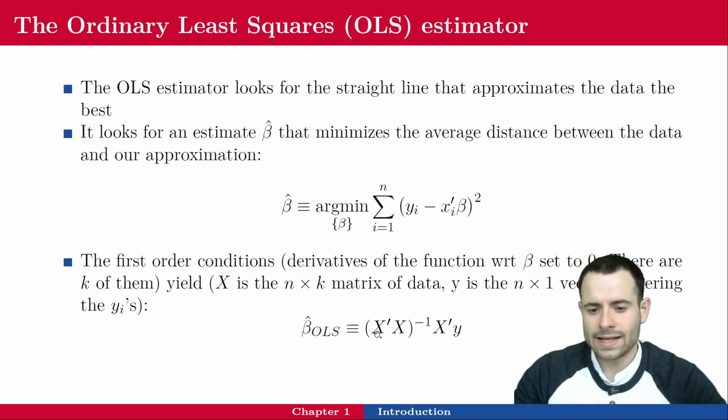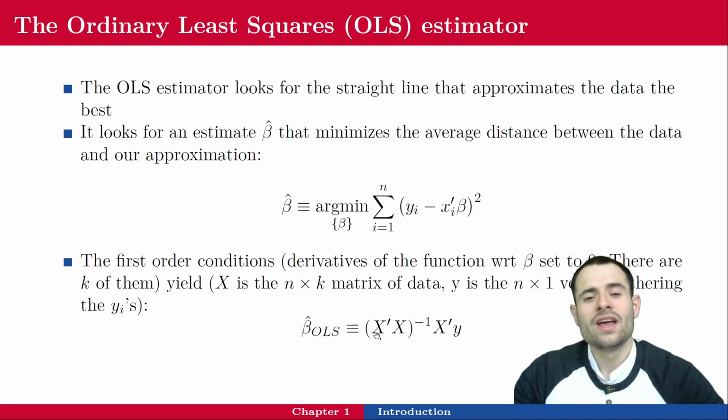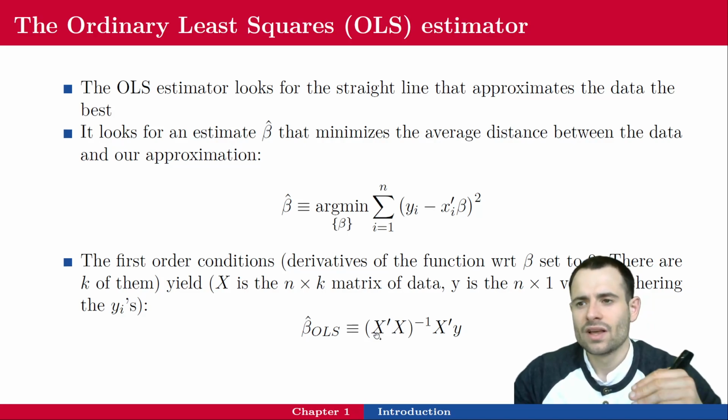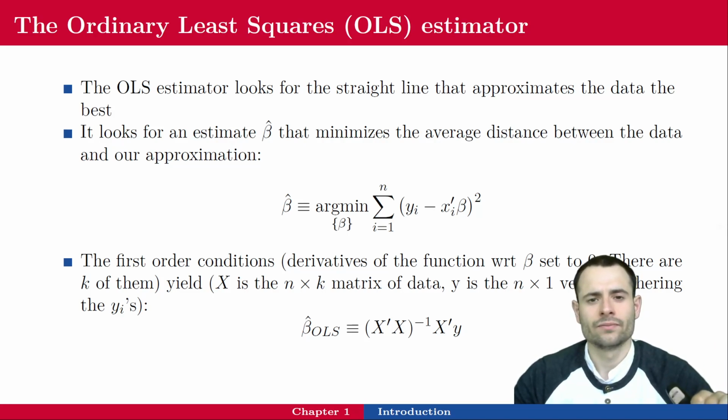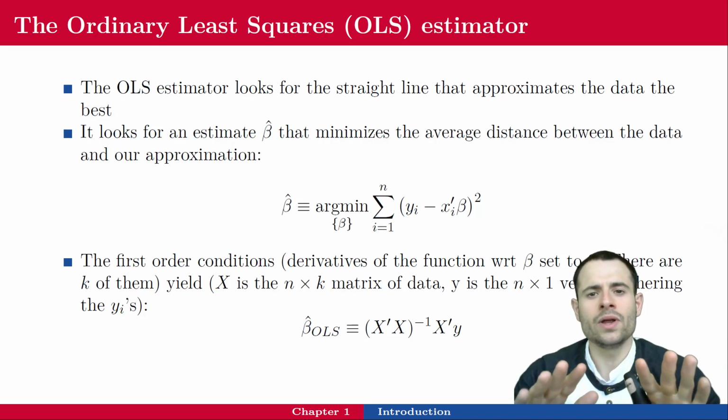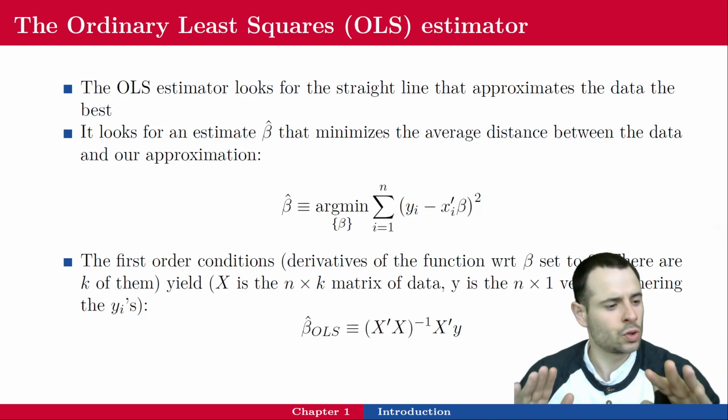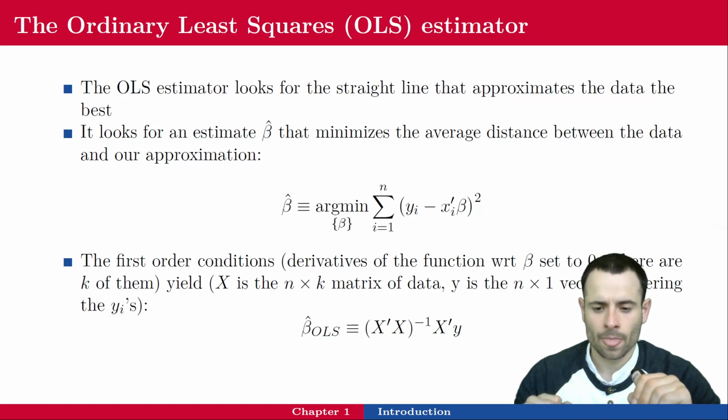equal to x prime x, so the transpose of this matrix times itself. Then I take the inverse of it, so the inverse of a matrix is kind of a generalization of the inverse of a number, but there is a whole formula to compute it. Don't worry, you don't need to know it. I just want to show you what the formula looks like.